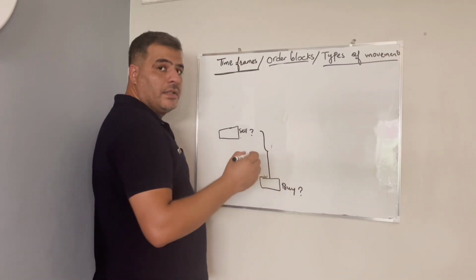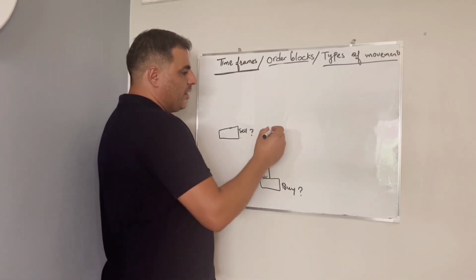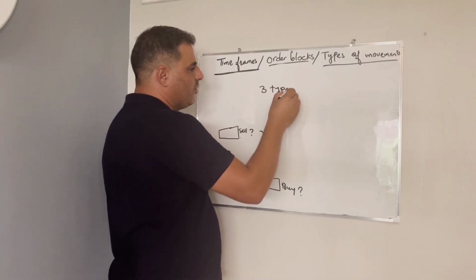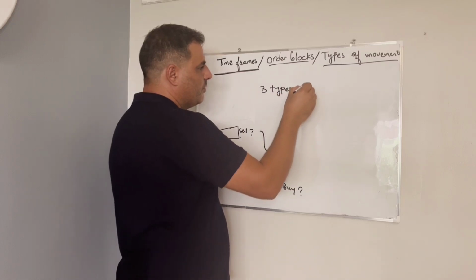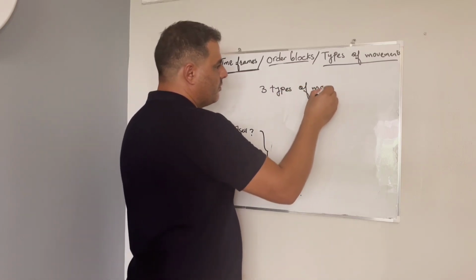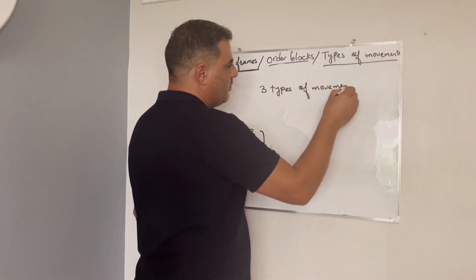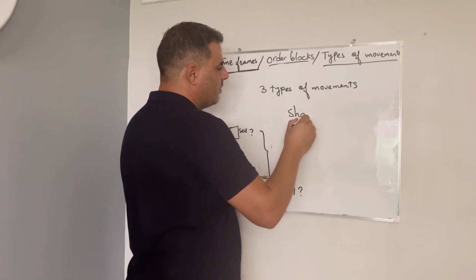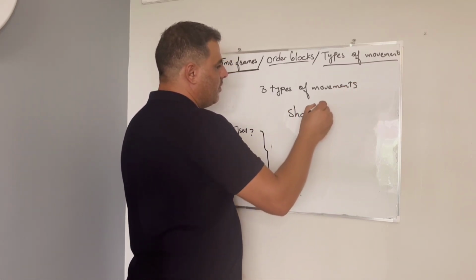In the market, you can see three types of movements. In general, three types of movements. You will have the sharp movements, either up or down.